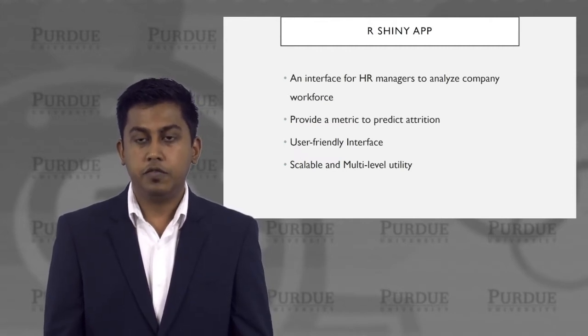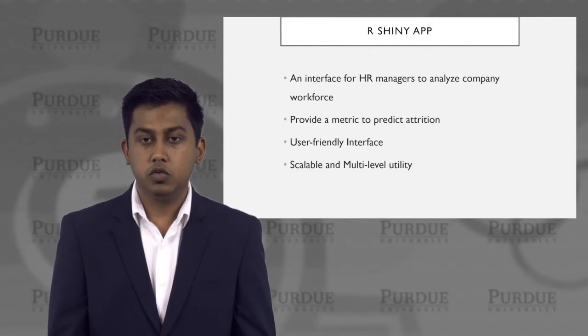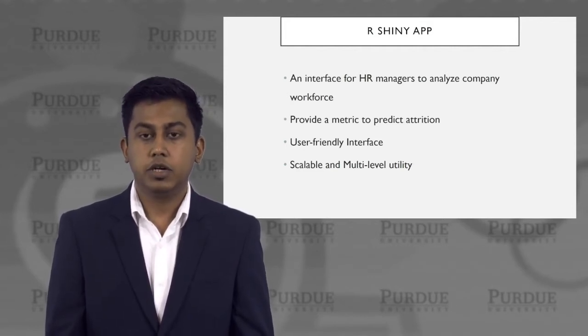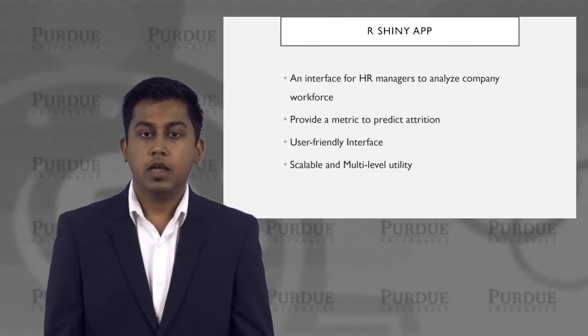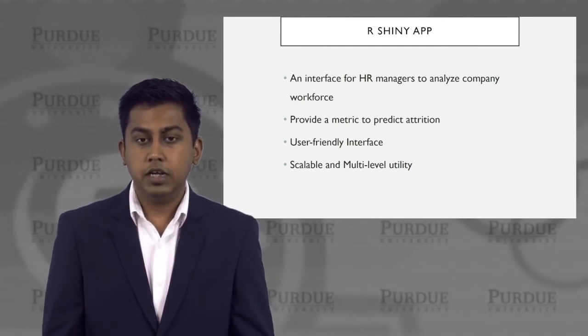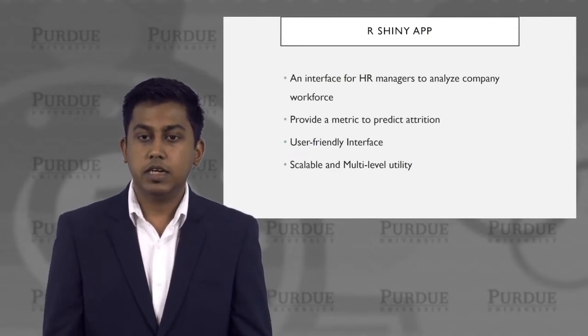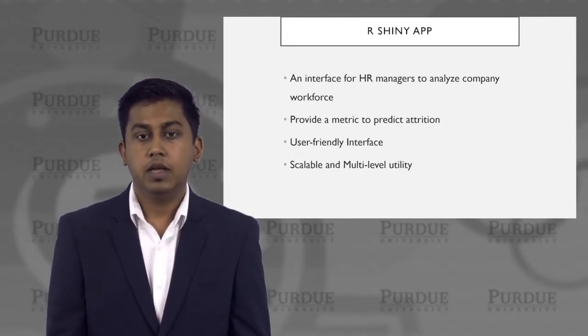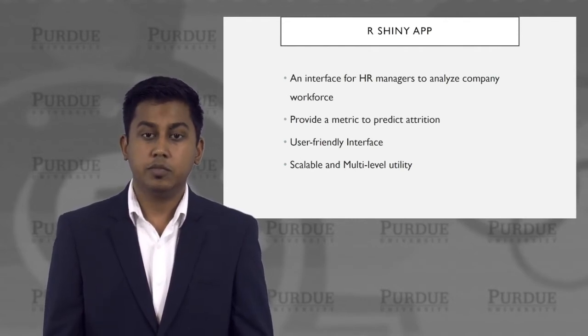In order to solve this, we came up with the R Shiny dashboard that they could easily use at the front end to predict whether a person will stay in the company or not. It will also give them an overview of the entire workforce for the company. The user interface is friendly, it is scalable, and it has multi-level utilities that can be added in the future. Let me quickly walk you through the interface that we created to analyze this particular problem.